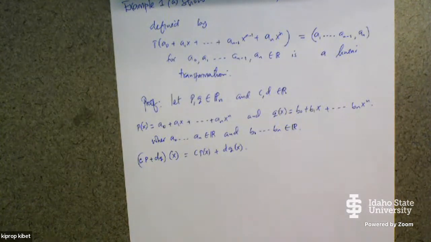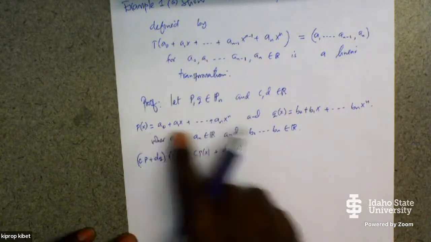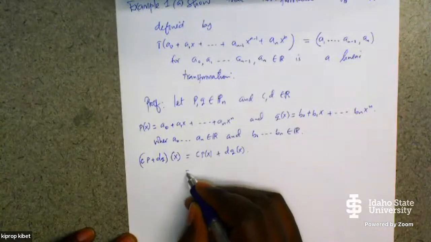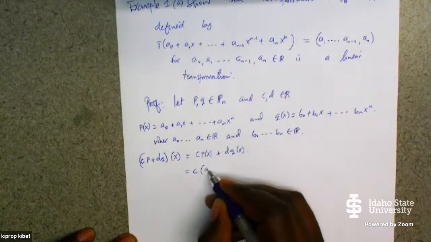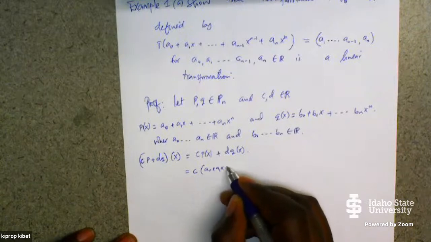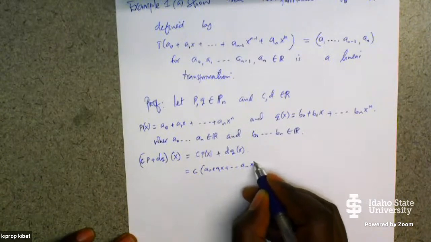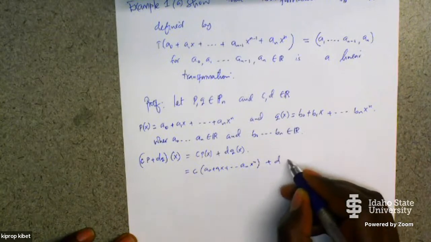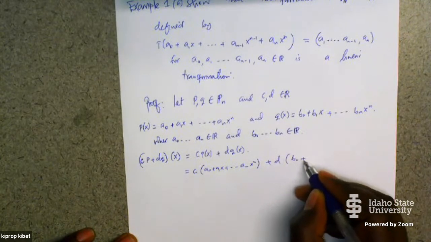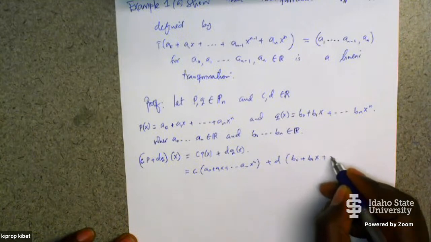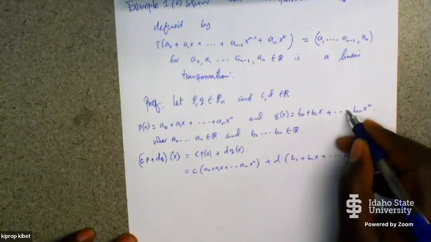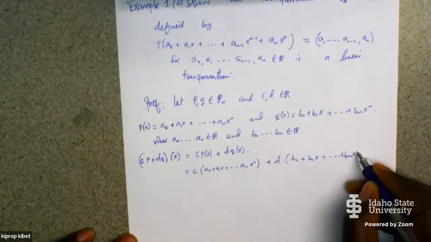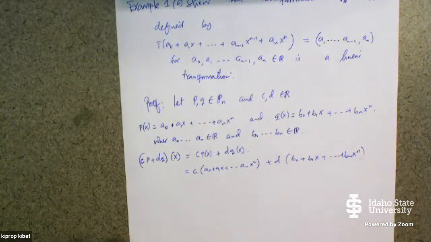Now we know that P of x is this, Q of x is that, then c times (a naught plus a1 x plus ... a n x to the n) plus d times (b naught plus b1 x plus ... b n x to the n).